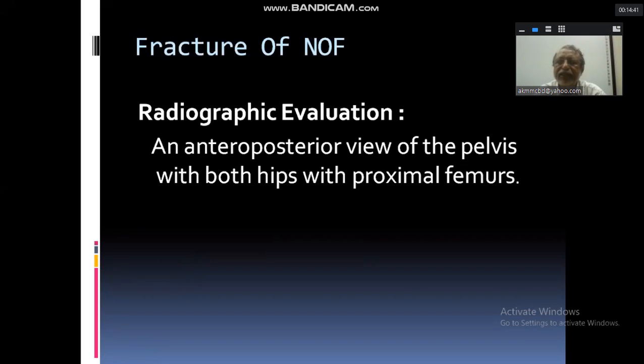Just take an anteroposterior view of the pelvis. With proximal femurs, you can detect with that X-ray any fracture neck of the femur, any fracture trochanter of the femur, or subtrochanteric fracture, and a degree of displacement. That will be enough.